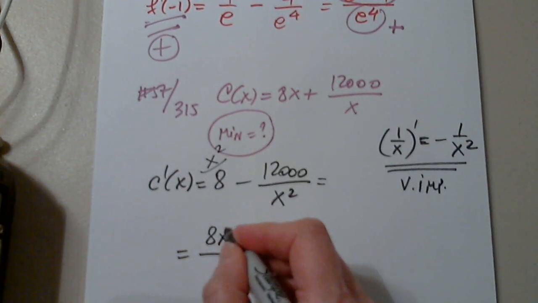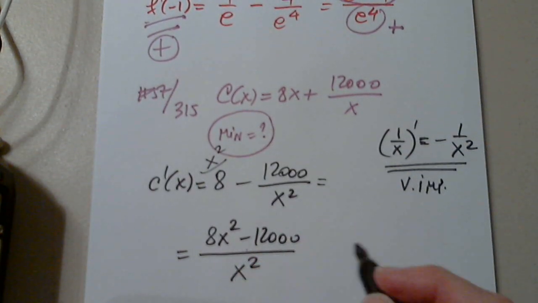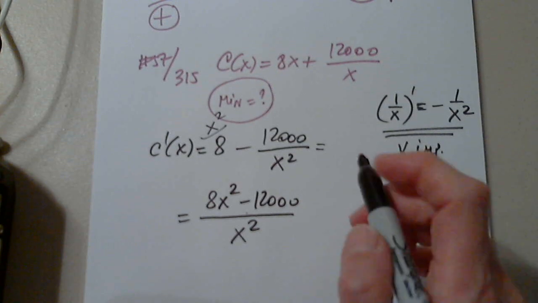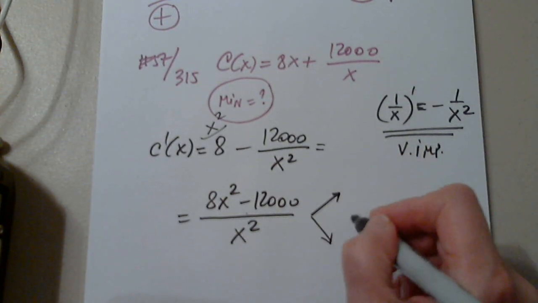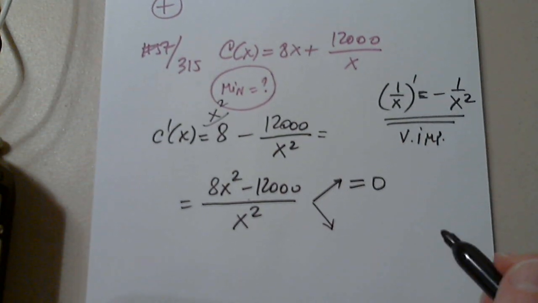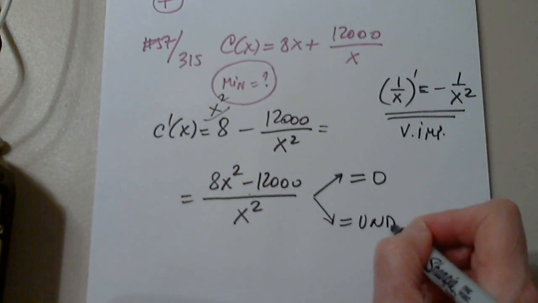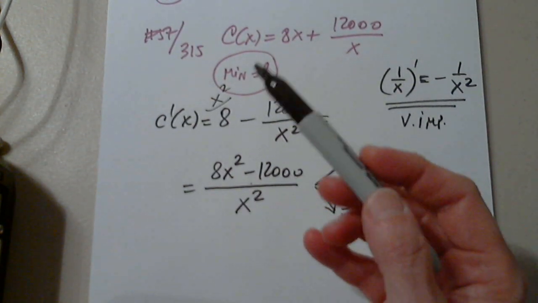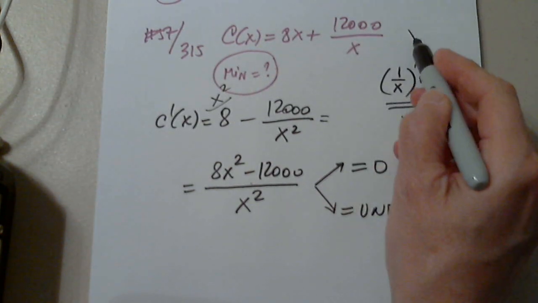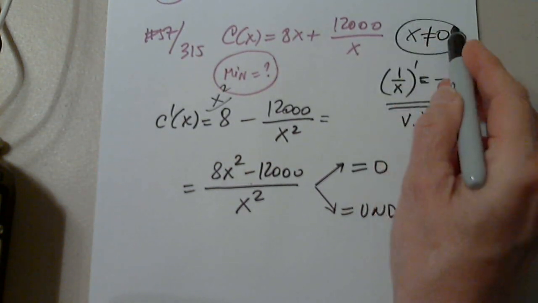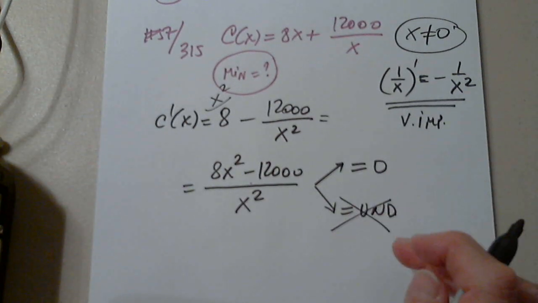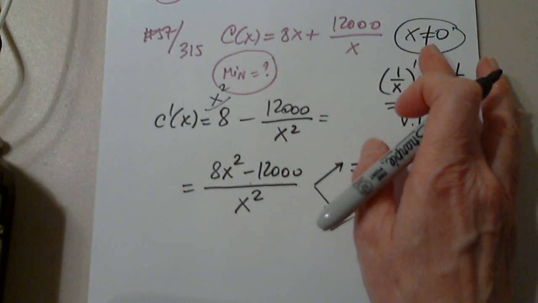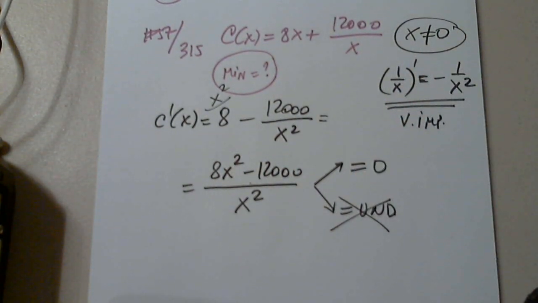So we have 8x squared minus 12,000. Now the next step: you either set it equal to 0 for critical numbers or you set it equal to undefined. It's undefined at 0, but so is the function. We know that x cannot be 0. So where it's undefined, the function is undefined too, so no critical numbers.